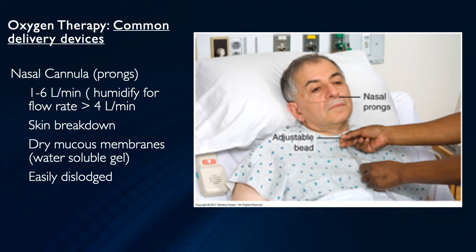With a nasal cannula, you have to be very mindful of skin breakdown that can occur at the ears and the soft, fleshy areas of the cheek where the oxygen tubing may lay. Also know that the nasal cannula can be very drying to the mucous membranes.